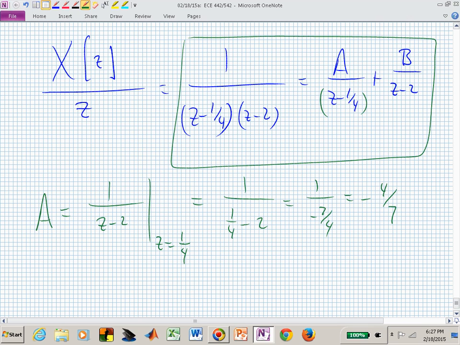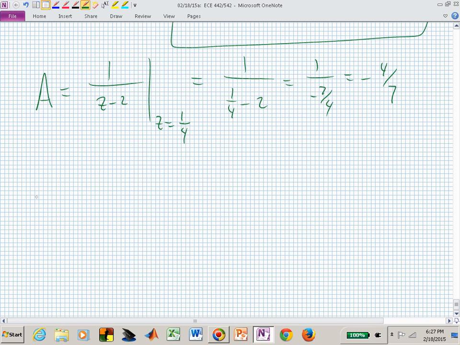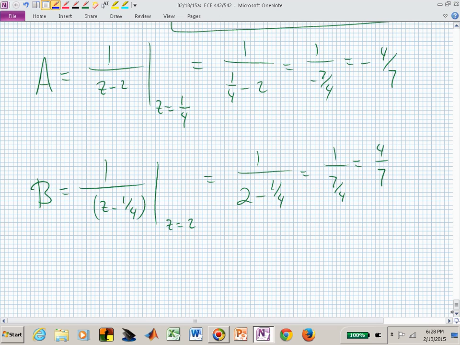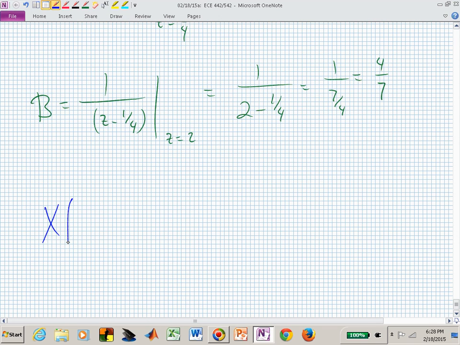We know now that a is minus 4/7, and b can be found similarly if we multiply both sides through by the factor underneath the b term, which is z minus 2, leaving us with z minus 1/4. We evaluate that at z equal to 2, and b becomes 4/7. We now have our partial fraction expansion that we need.